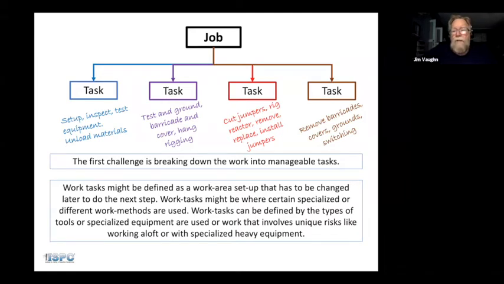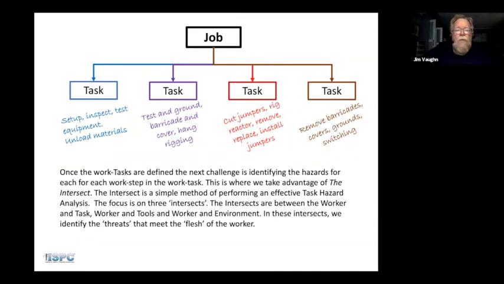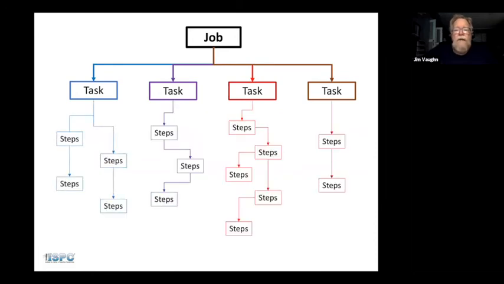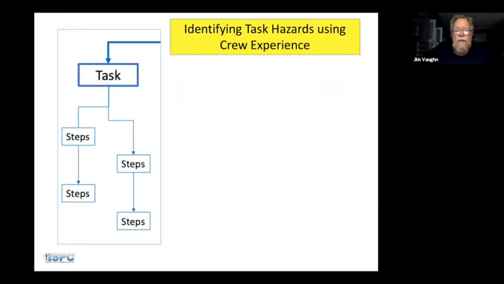You'd be surprised how many fatalities I've investigated where people taking grounds off of high induction got killed by the grounding that they had put up to protect themselves. So it also has that same requirement that we study all the way through the end. But we're going to break these down into steps, and the steps are going to give us the divisions of work, where we look at each step and each hazard that's associated with each one of the steps.